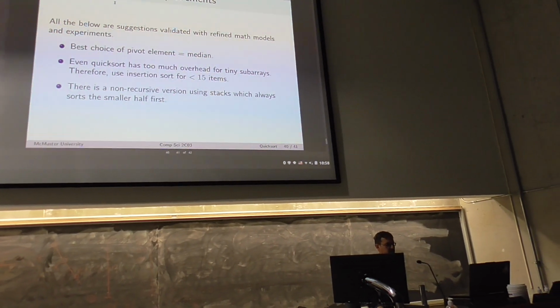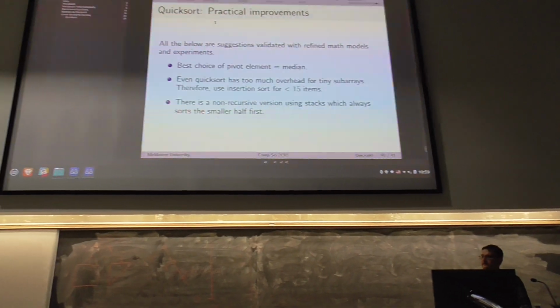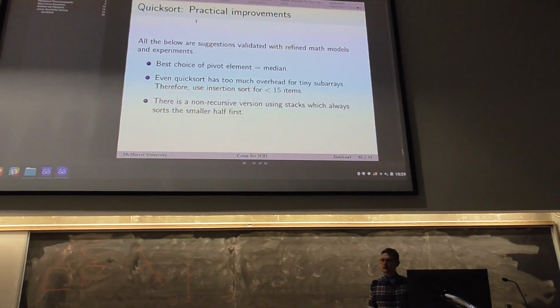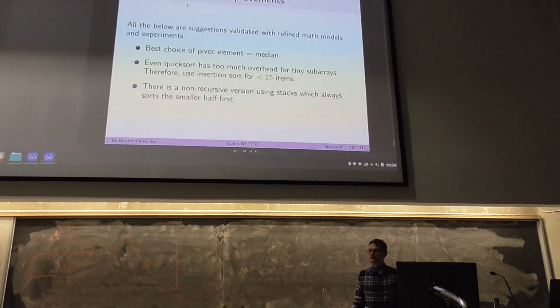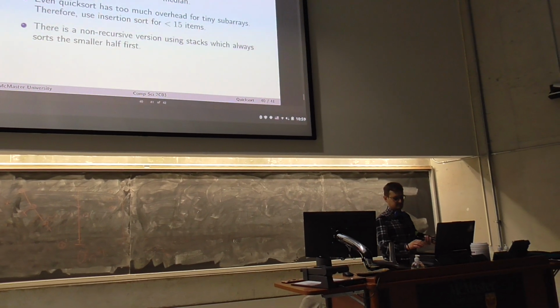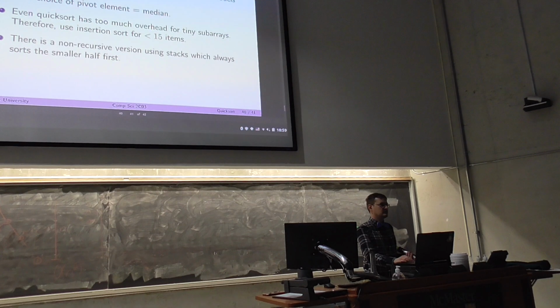There is a non-recursive version using stacks, which always sorts the smaller half first. So if you're recursion phobic, then there is an iterative solution as well. I think there might be some recursion phobic people in the crowd. You should get over it.